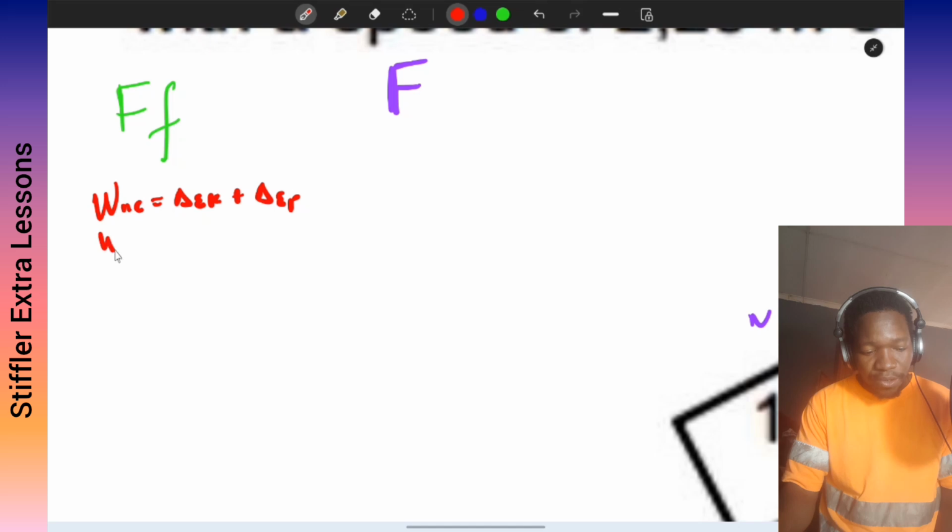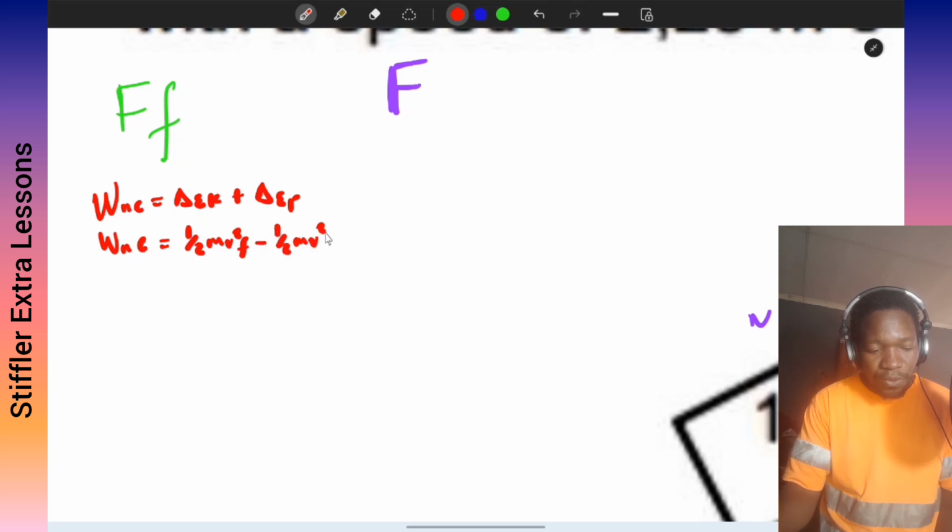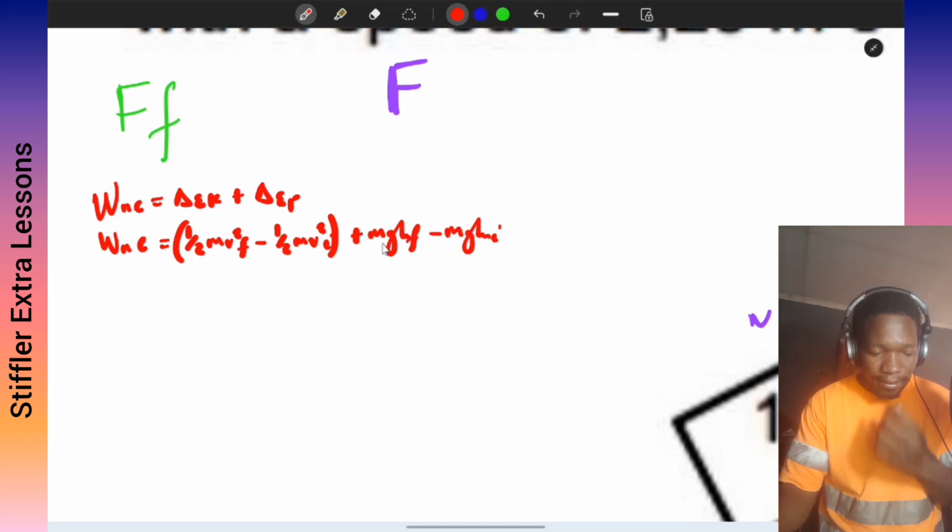So it will be half mv squared final minus half mv squared initial, standing in place of the change in EK, plus mgh final minus mgh initial.